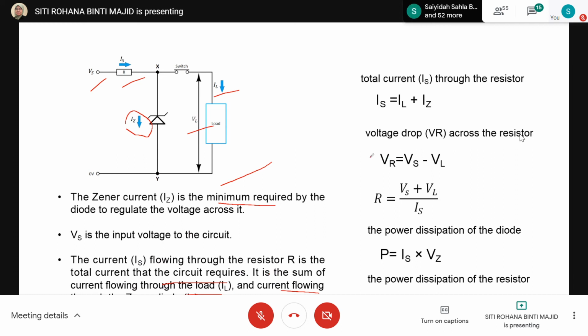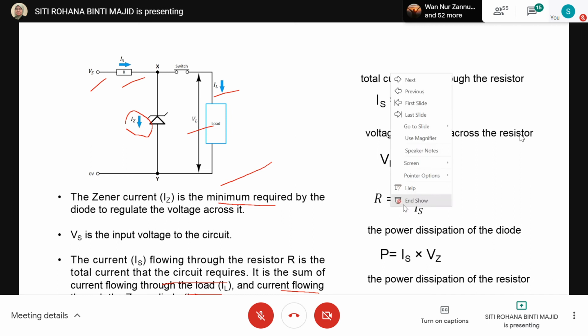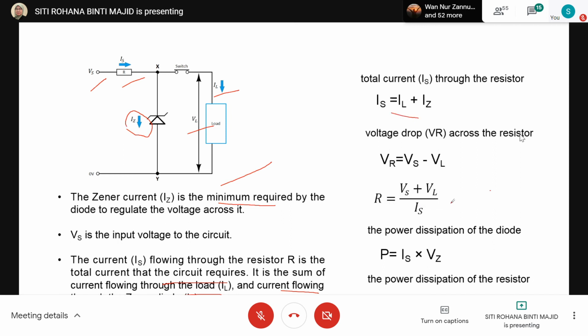IS equals IL plus IZ, and the voltage drop VR equals the difference in potential between VS and VL. Then we can calculate R equals VR over IS.